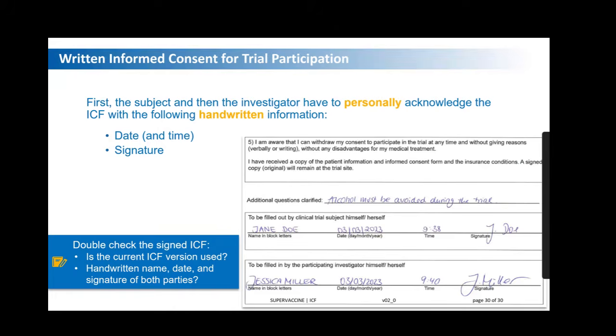As you can maybe imagine, there are also other circumstances where we need to adapt this process. For example, if people cannot read or write or have a legal representative or are, for example, unconscious at the time of inclusion as per study protocol.